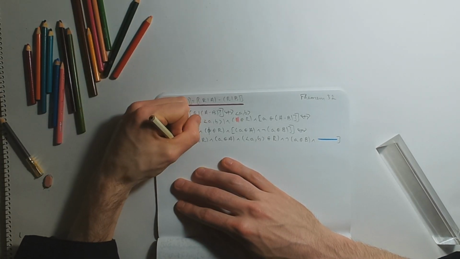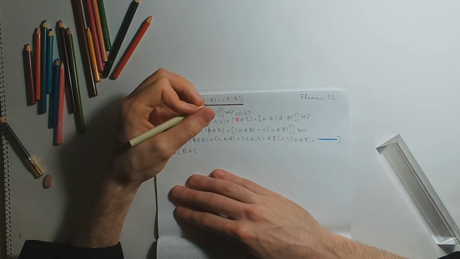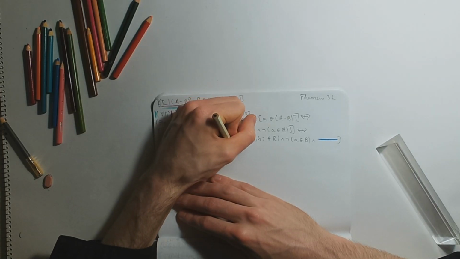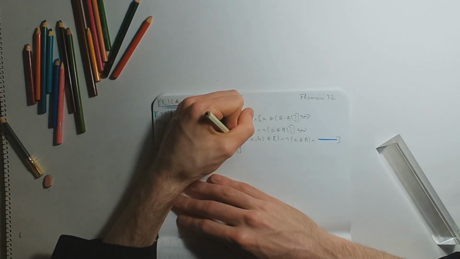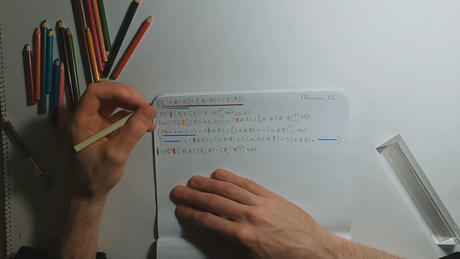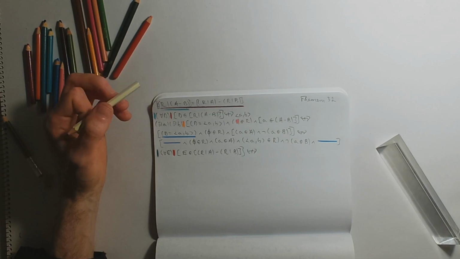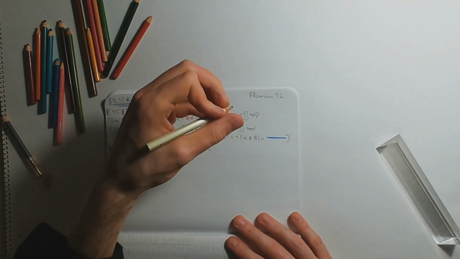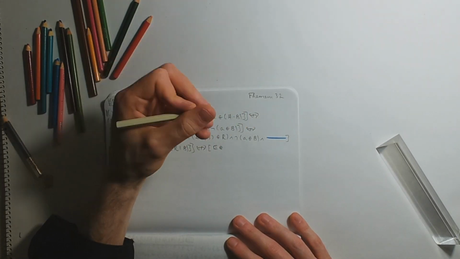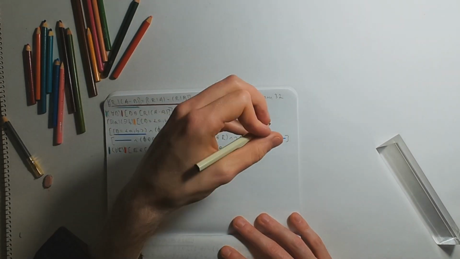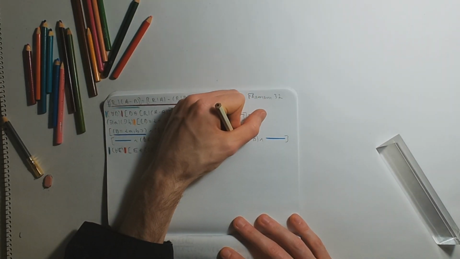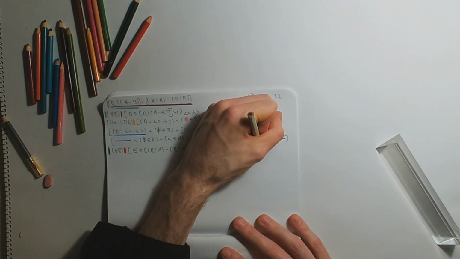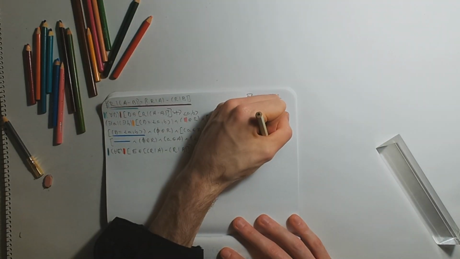Alright, E is an element of R pipe A minus R pipe B, if and only if E is an element of R pipe A and not E is an element of R pipe B.